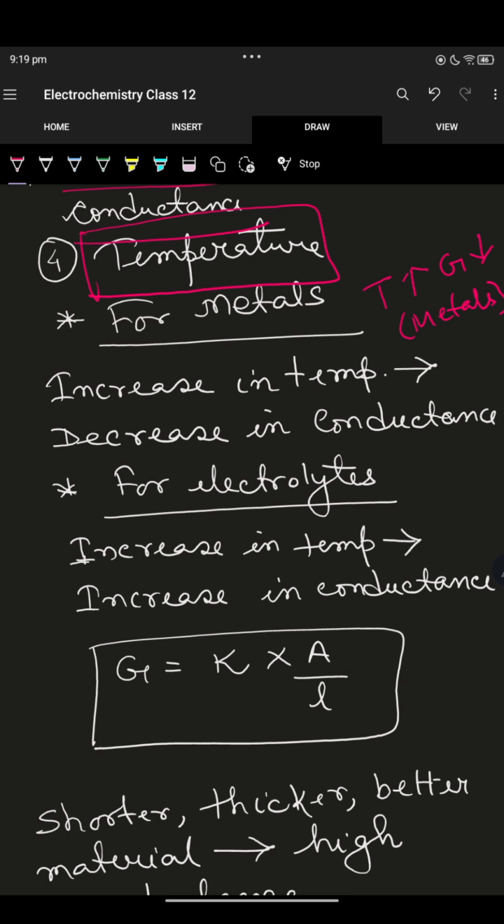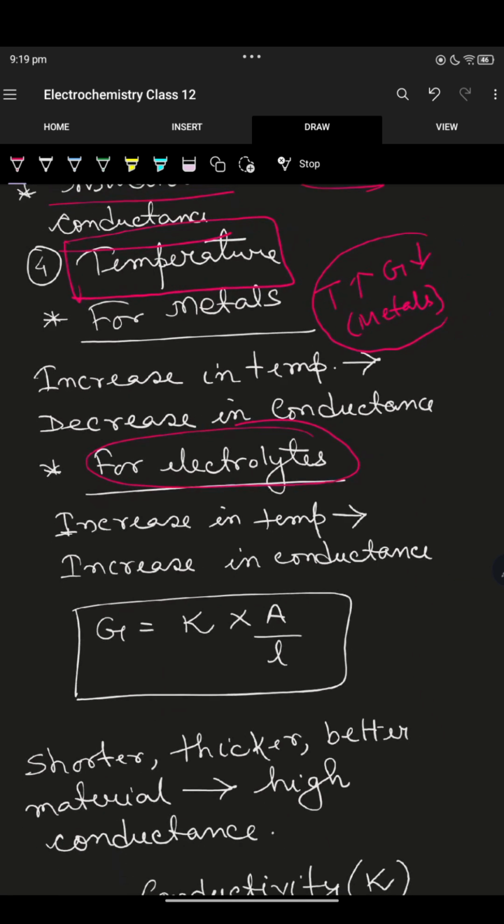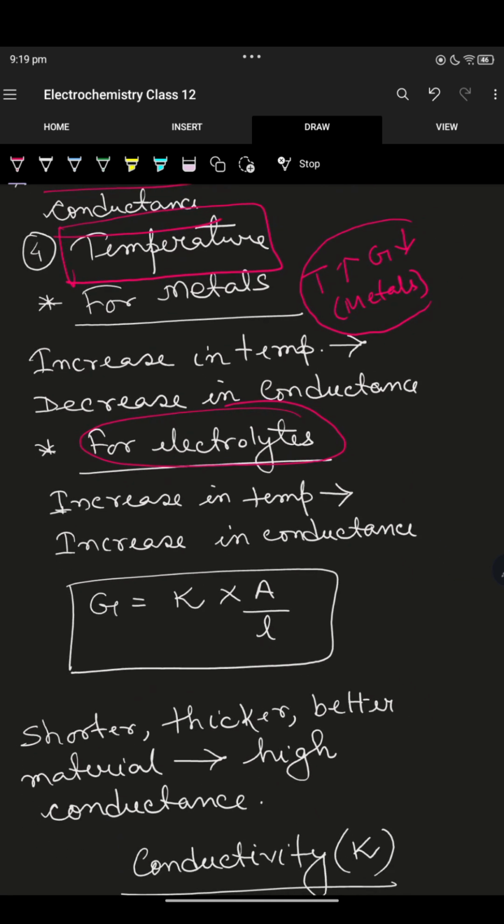But for electrolytes, with increase in temperature, the ionic mobility increases and so the conductance increases. For electrolyte, increase in temperature will cause an increase in G.